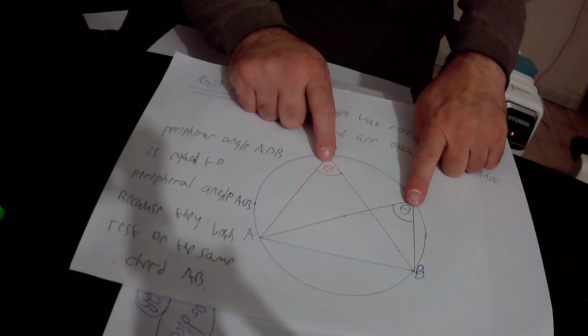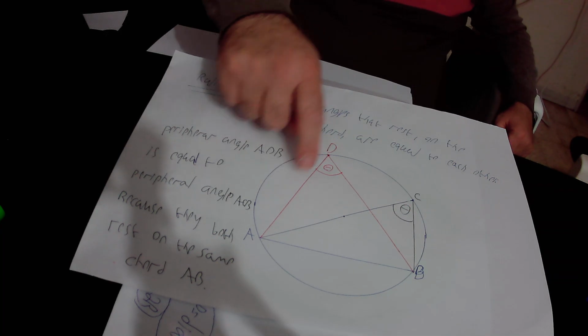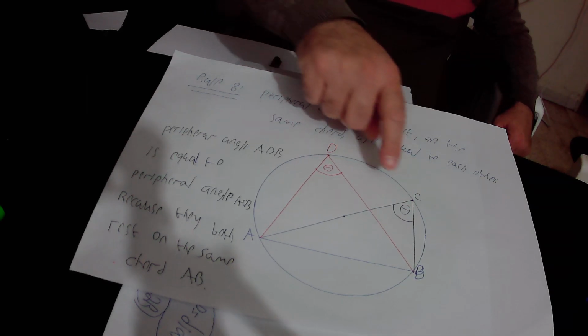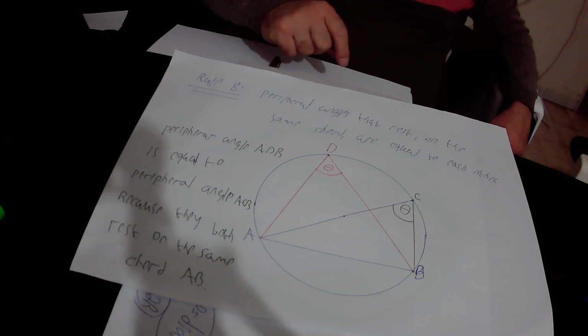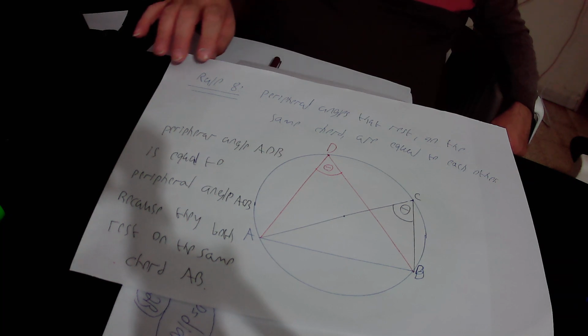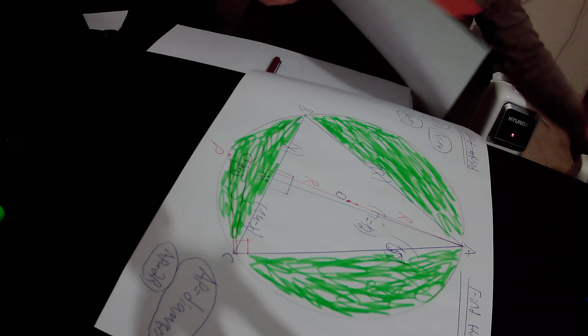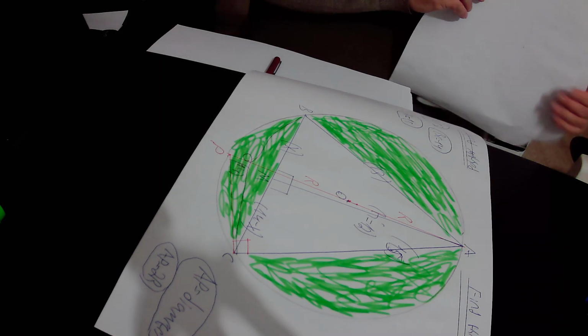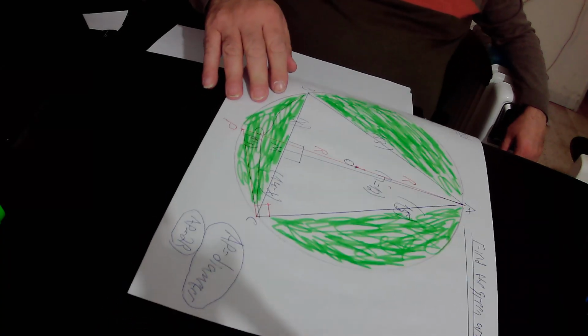So those two peripheral angles both rest on the same chord AB, therefore they must be equal to each other. That is to say, if this peripheral angle ADB equals theta, then the other peripheral angle ACB must also equal theta. We can implement rule number 8 in our drawing. Why? Because in our drawing we have peripheral angle.